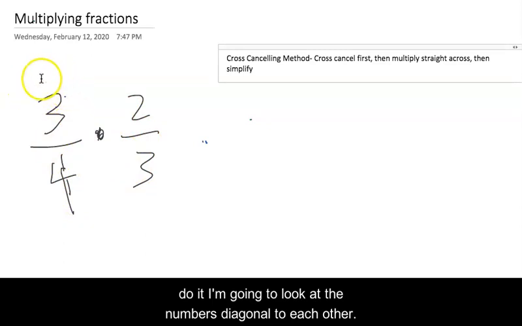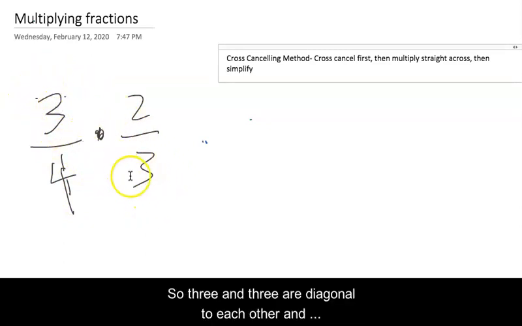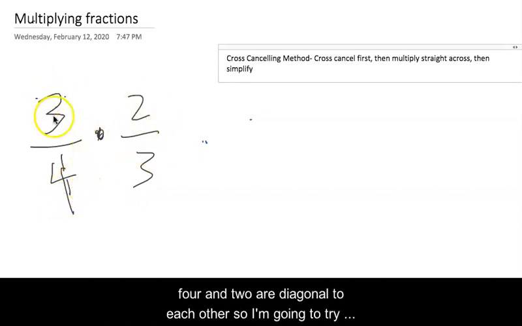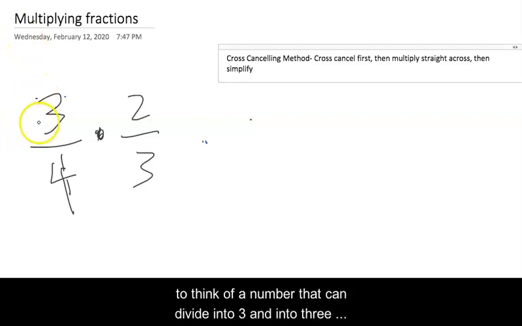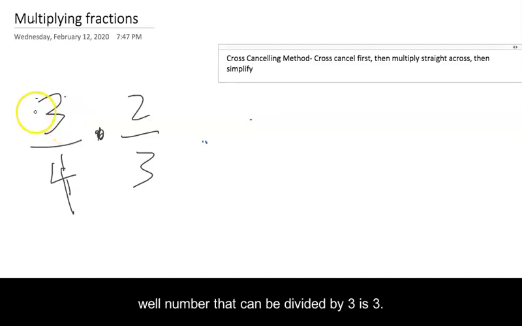So what I can do, I'm going to look at the numbers diagonal to each other. So 3 and 3 are diagonal to each other, and 4 and 2 are diagonal to each other. So I'm going to try to think of a number that can divide into 3 and into 3. Well, a number that can divide into 3 is 3. So I can divide this by 3, and I can divide this by 3.